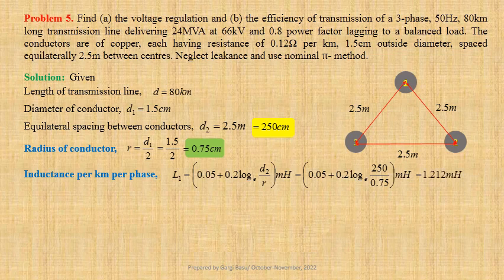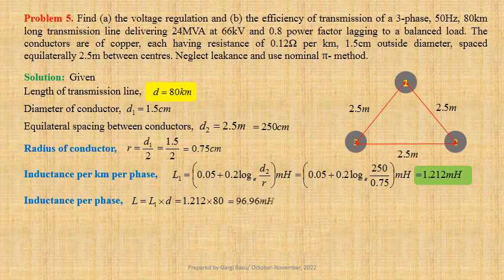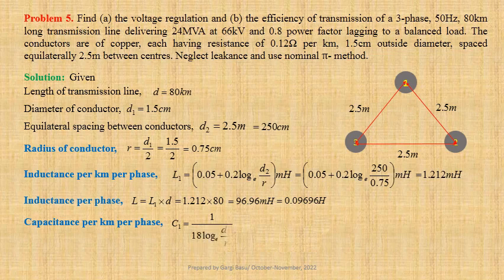Now we shall calculate inductance per phase L equals L1 into D. Using values we get 1.212 into 80, that is equal to 96.96 millihenry or 0.09696 Henry.